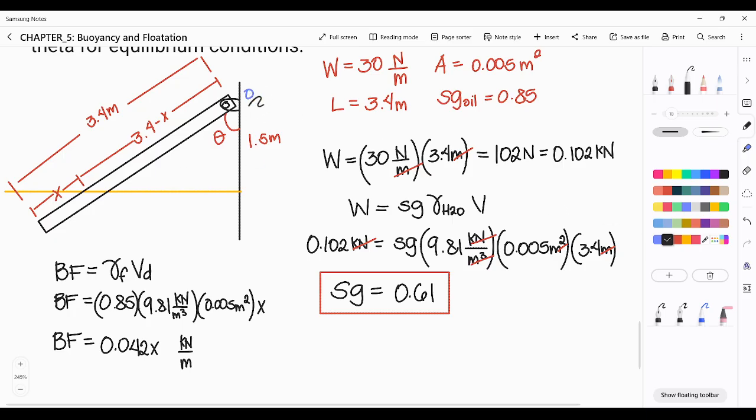Nilagay ko na lang dito at point O. So, magmo-moment tayo dyan. Minsan kailangan mag-moment talaga eh. And since this board is uniform, may weight yan. Diba? Na-compute nga natin yung weight kanina, which is 102 newtons or 0.102 kilonewtons. Since uniform yung board natin, the weight acts on the centroid of the board, which is in the middle of the board. So, that would be, nasa gitna siya.